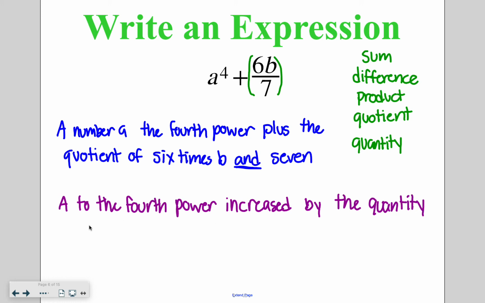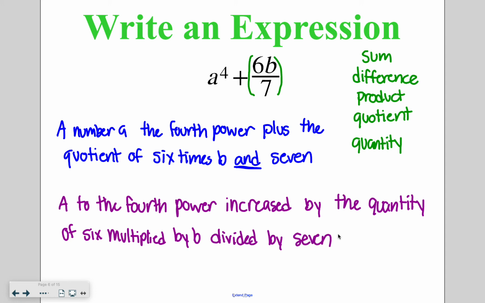So by the quantity of 6 multiplied by b divided by 7.